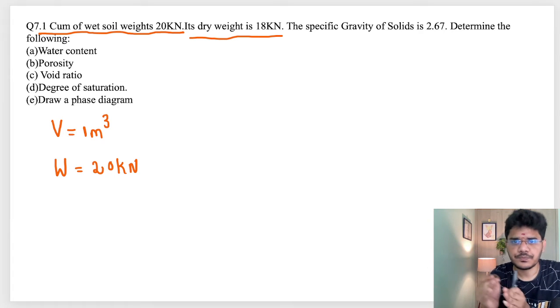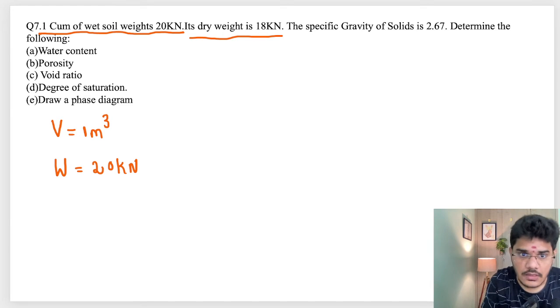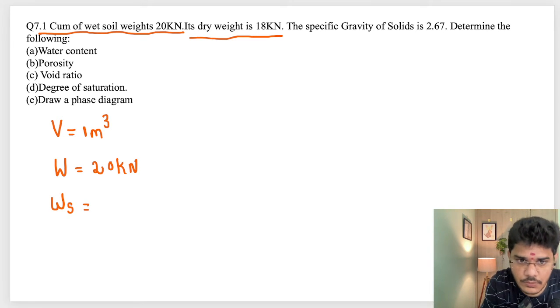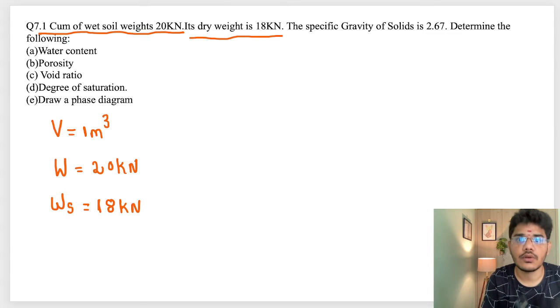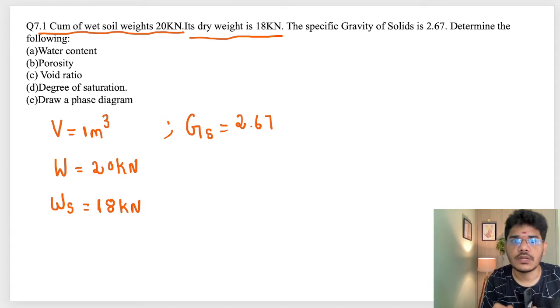Dry weight means he kept it in the oven, and then we get the weight of solids. That is nothing but dry weight. Ws, the weight of solids, is equal to 18 kilonewton. And he has also given the specific gravity of solids as 2.67.